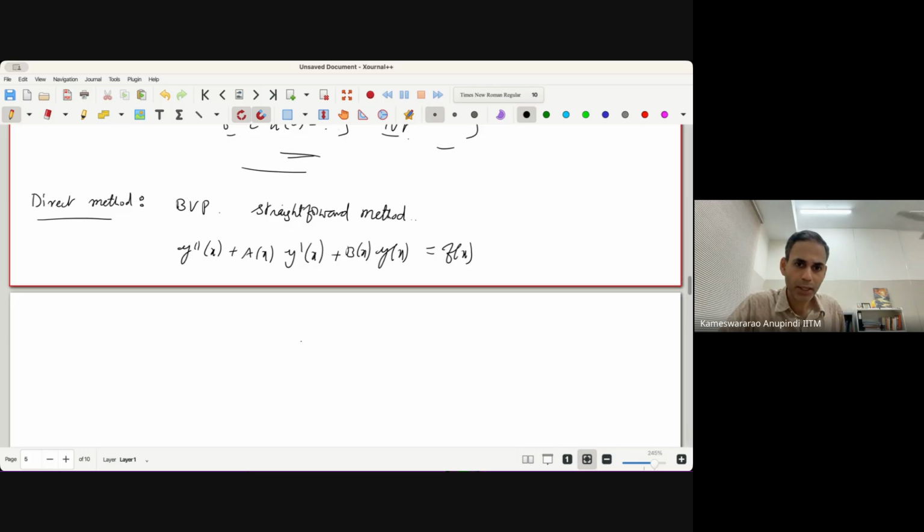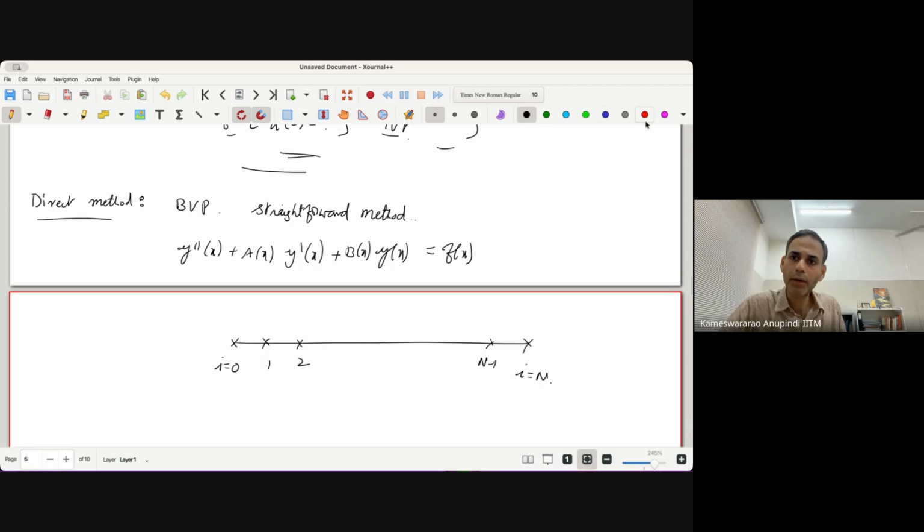So let us say you have a domain which is going from i equals 0 to i equals n, and then you have i equals 1, 2, all the way to n minus 1. So i equals 0 and i equals n are the boundary conditions that are given to you, and then everything in between, these are all the unknowns you have to calculate. Okay, so these are all the interior values that you have to calculate.